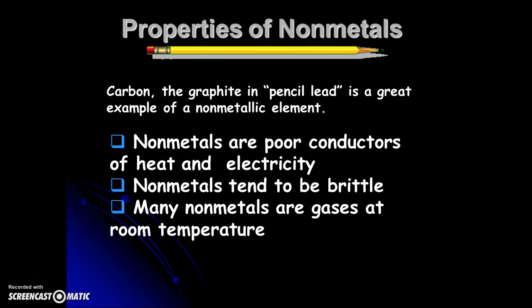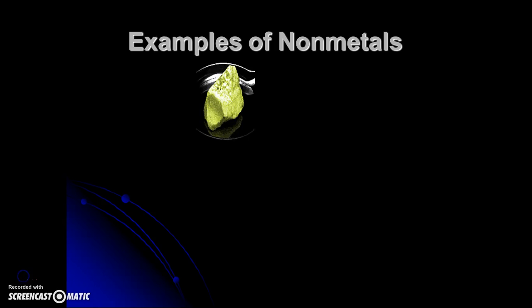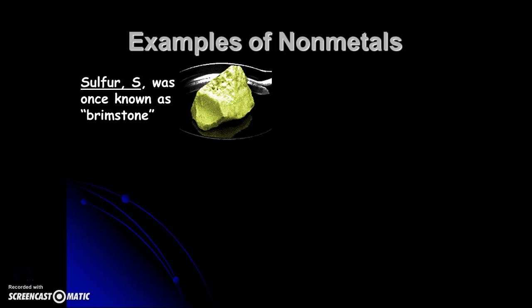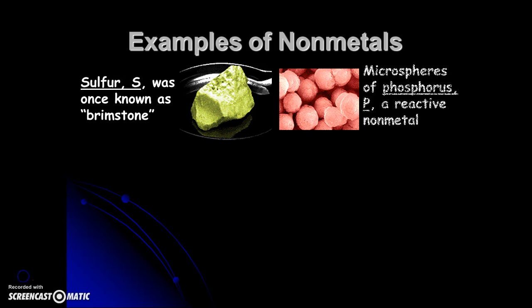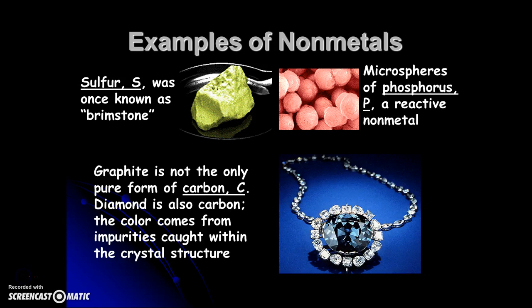Of course, all the noble gases are gases at room temperature, and some of the halogens, such as fluorine, chlorine, are gases, as oxygen and nitrogen are as well. And here are some pictures of nonmetals. This is sulfur and phosphorus, and of course a diamond, which is also made out of carbon. Carbon can exist in a few different forms, one of them being diamond and the other one being graphite.